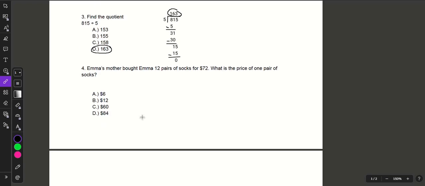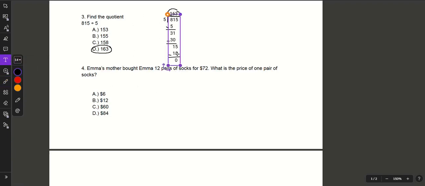Next problem, number 4. Emma's mother bought Emma 12 pairs of socks for $72. What is the price of one pair of socks? So we want to find the cost of one pair of socks from 12. So if we want to find the cost of one pair, we have to divide 72 by 12 to find the cost of one of them.